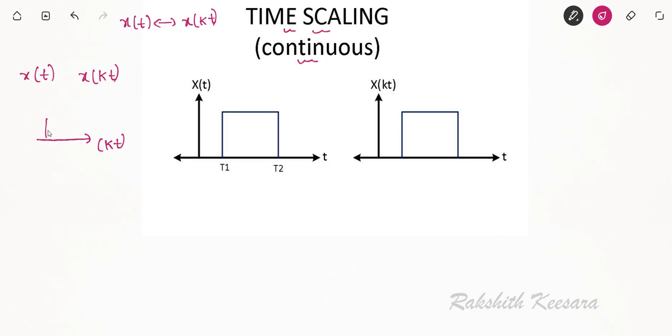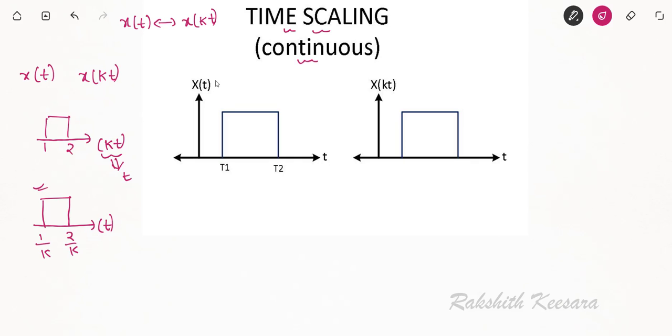Here the signal will be unaltered, but we should again bring this back to t. So we should divide the whole axis by k. Now if this is 1, this is 2, this will become 1 by k, this will become 2 by k, and the axis will remain as t. This will be our answer.